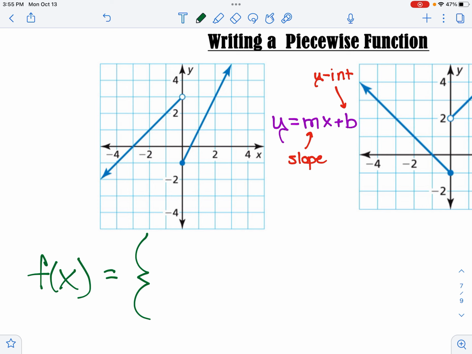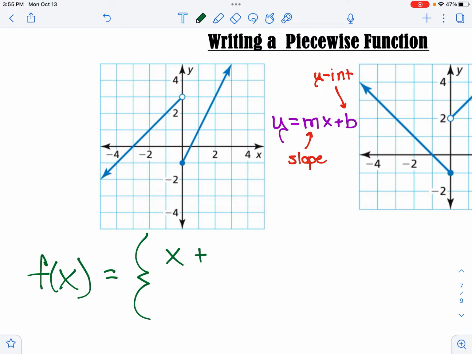All right, so for this function right here, it looks like I have a dot here and a dot here. So that's down 1 to the left 1. That's -1 over -1, which would be a slope of 1. So 1x, or we could just say x. And then my y-intercept is 3.